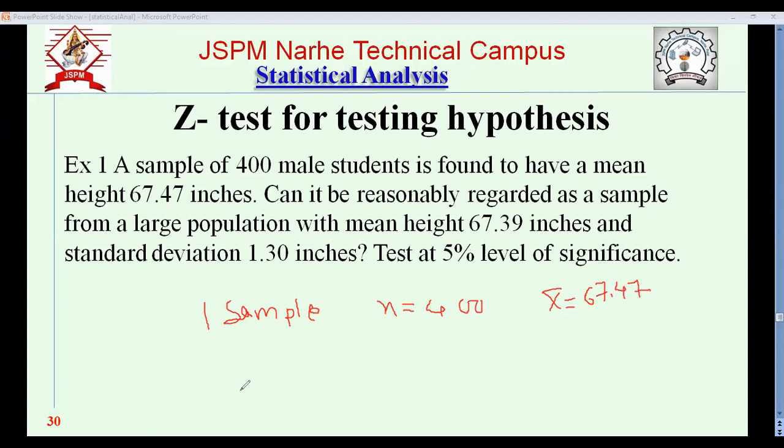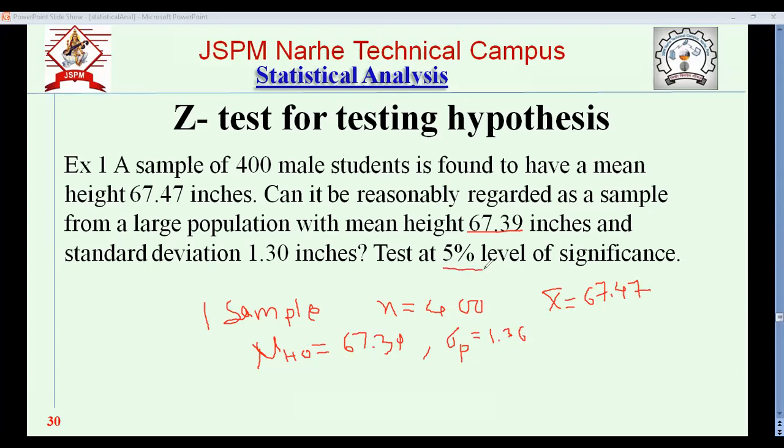Now for the population, the mean is given, which we call the hypothesis, the null hypothesis, so mu H0 is given as 67.39. And the standard deviation is given, which we call the population standard deviation, 1.36 inches.